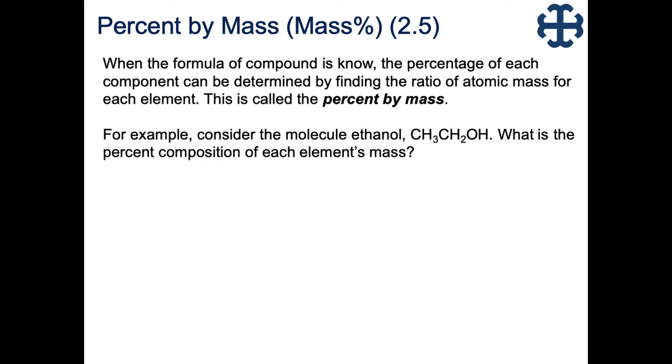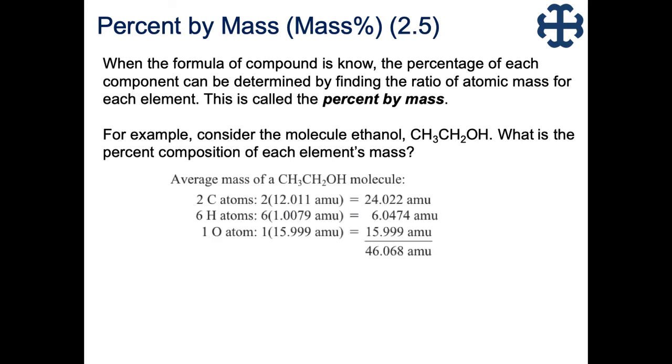Okay, say we have the molecule ethanol, CH3CH2OH. What is the percent composition of each element's mass? We want to break this into two steps. First, calculate the average mass, aka our molar mass or molecular weight, for our ethanol molecule.